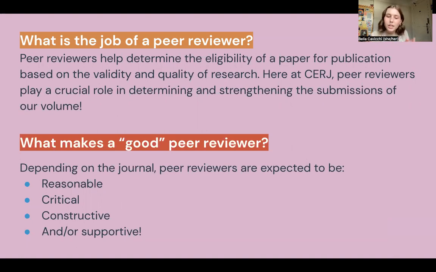In your role as peer reviewer, you take a critical assessment of someone else's work and determine what it contributes to the field, what the strengths of the paper are, and what possible weaknesses or things need to be improved. And as a whole, if each study goes through that review process, you can expect the quality of research to grow because we're taking these very close and detailed assessments of each piece of work.